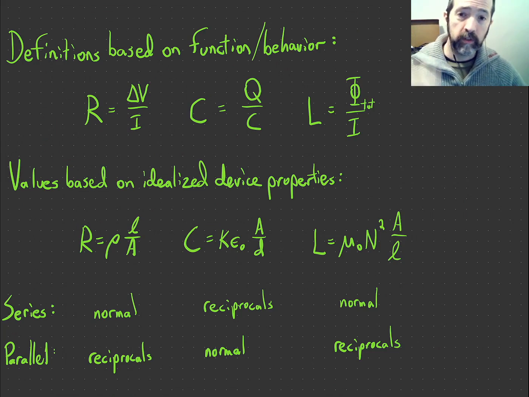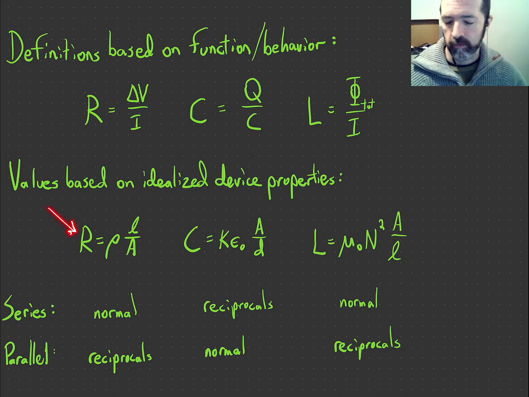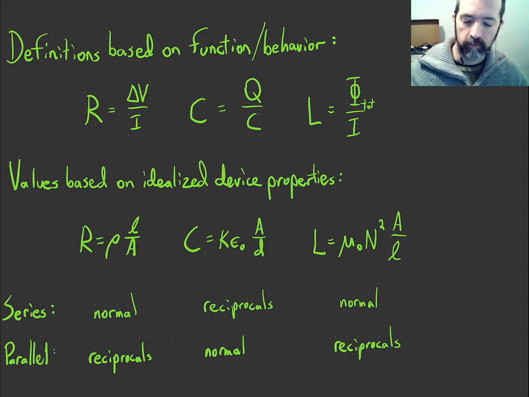But then for each one of these devices, we have a secondary formula that comes from a particular idealized device design. So for a resistor, if you think of the resistor as being like this idealized cylindrical wire, you need to know about the resistivity of the substance, and you need to know its physical properties. How long is it? What's its cross-sectional area? For a capacitor, the idealized device is a parallel plate capacitor.